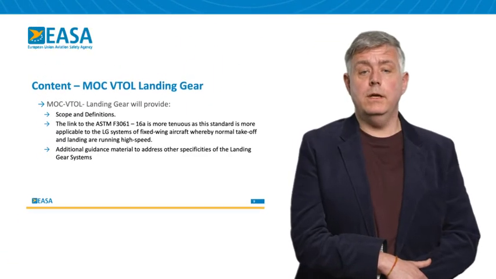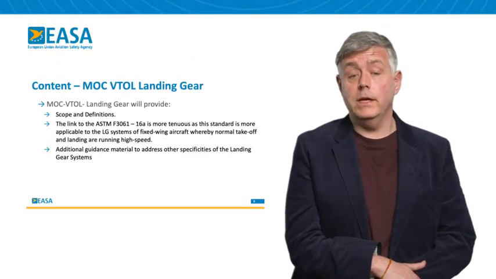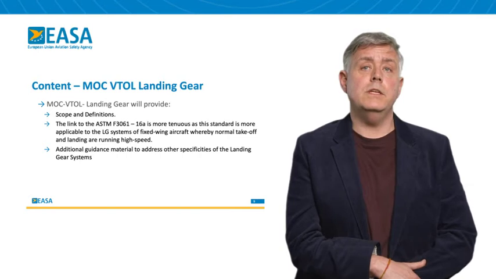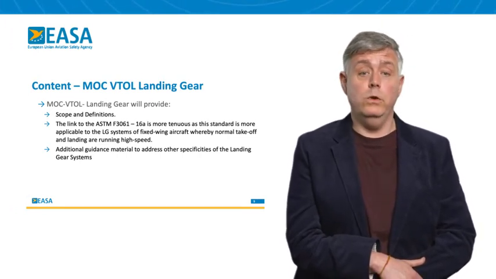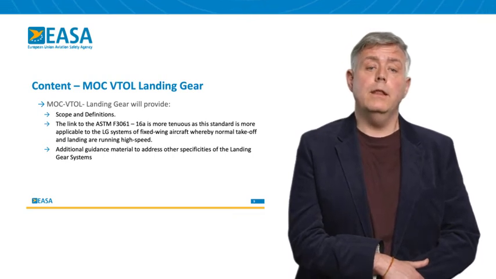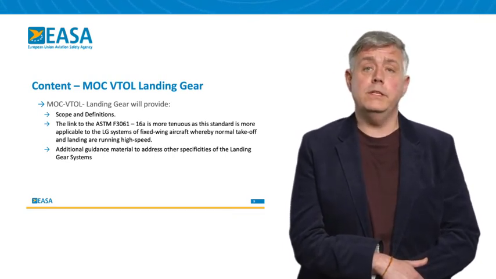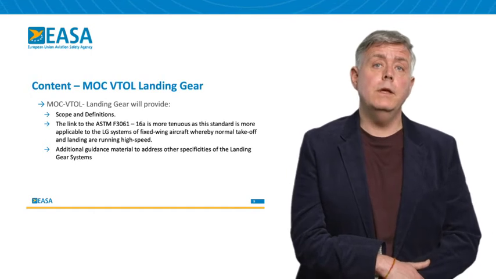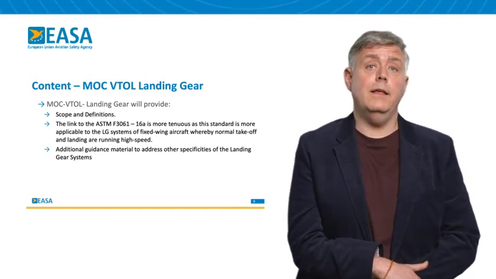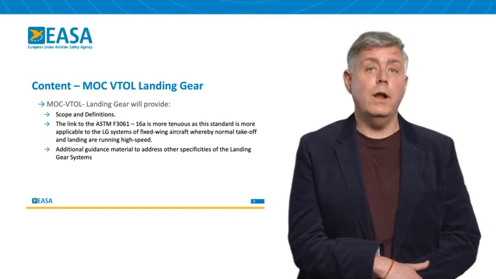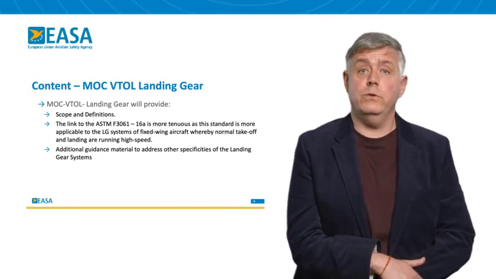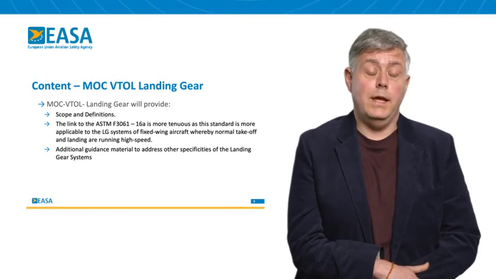So quite similar to what I was saying a few minutes ago for the doors, the MOC VTOL will include the scope and definitions, what is in and out of scope. There is the possibility of a link to the ASTM, but in reality, that ASTM standard is written around a running takeoff and landing for a conventional fixed-wing aircraft.